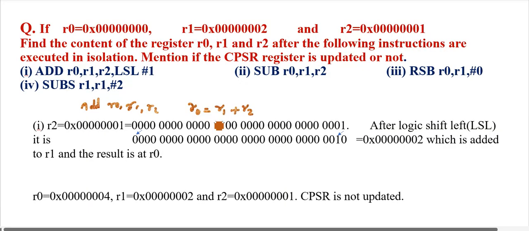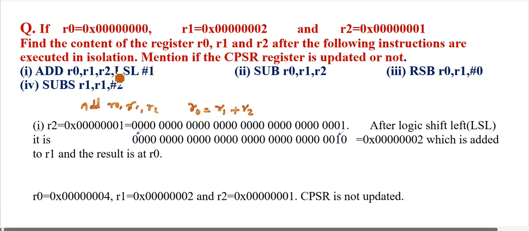So now I'll go to the problem. This is the case without any barrel shift usage. It will just add R1 and R2 and the answer will be stored in R0. R0 is the destination, R1 and R2 are the source operands. Logically shift by 1 means in the barrel shifter it will pre-process. Which register is going to shift?